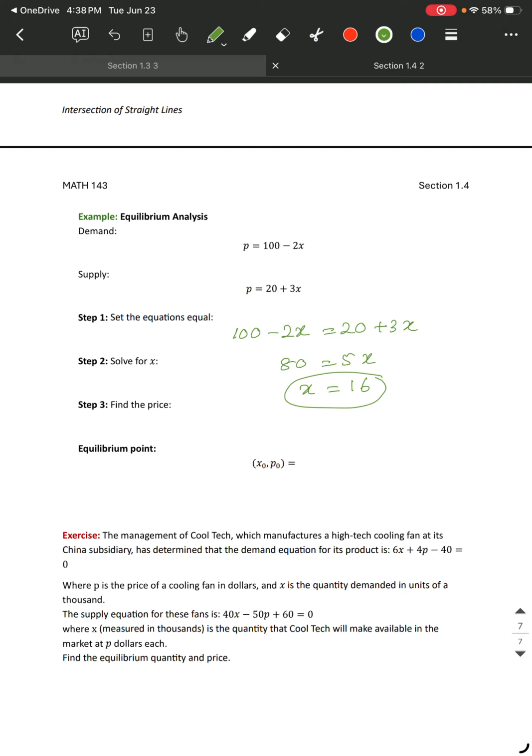Then find the price by substituting x equals 16 into either equation: $68. The equilibrium point is x naught equals 16, the quantity demanded, and the price 68. This is the equilibrium point.